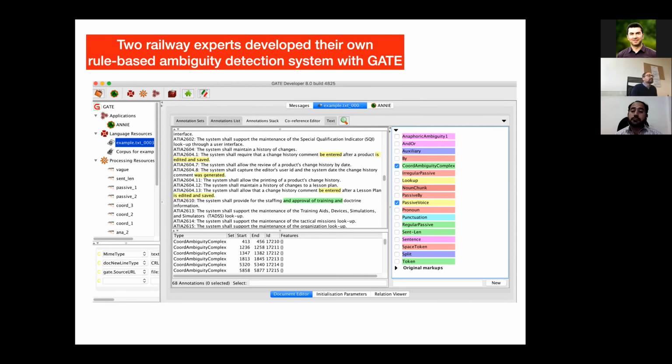So we did this, and two railway experts developed their own rule-based ambiguity detection system with GATE. GATE is General Architecture for Text Engineering, a tool that is quite user-friendly for information extraction in general, but here we adapted it for the context of ambiguity detection.